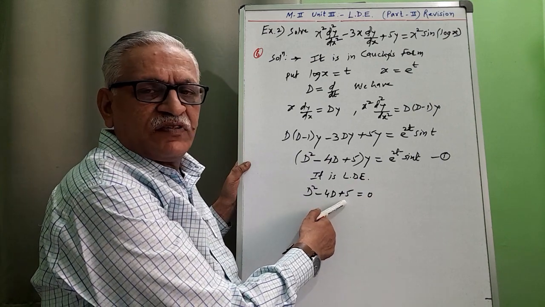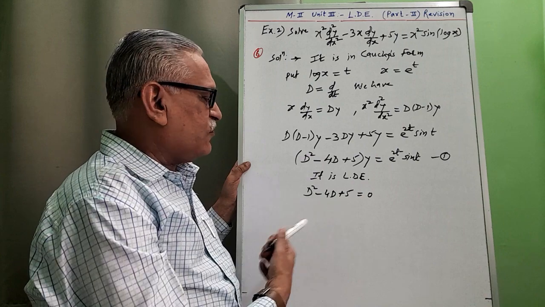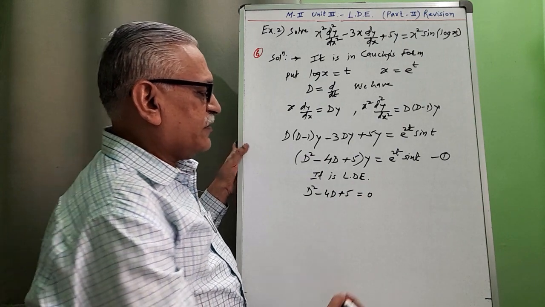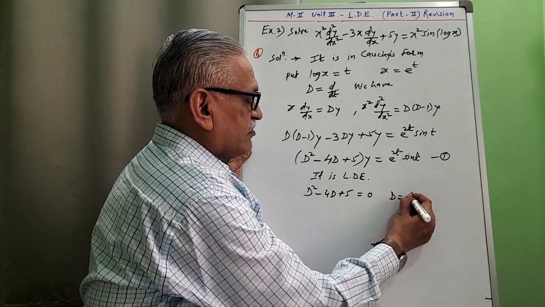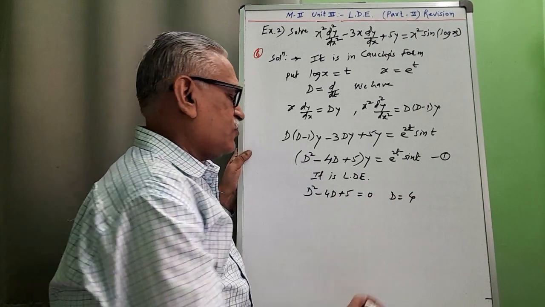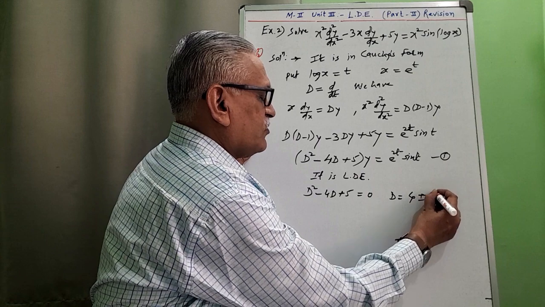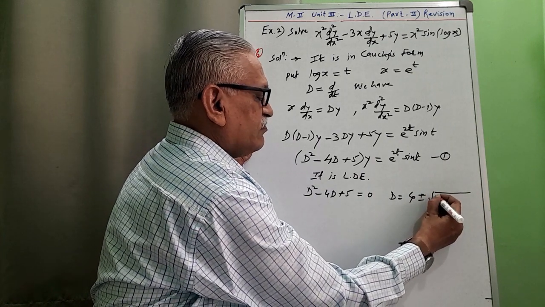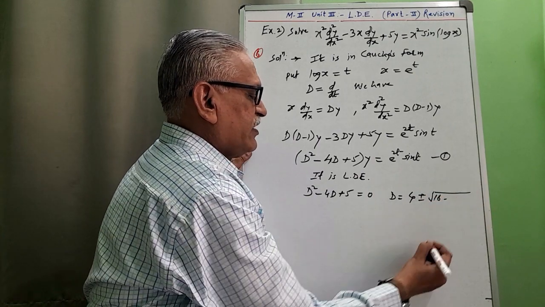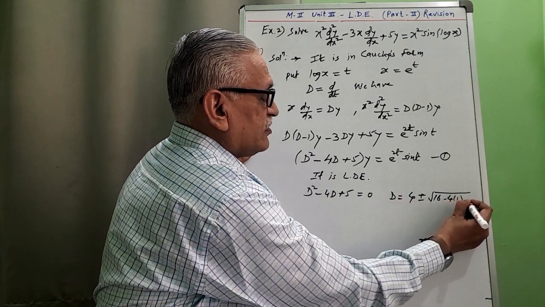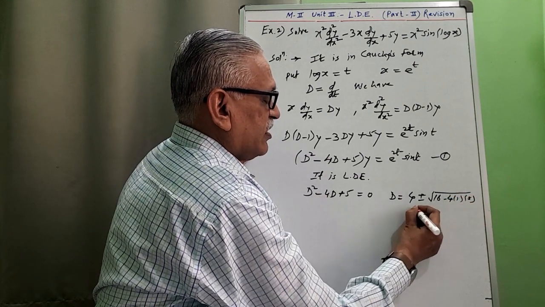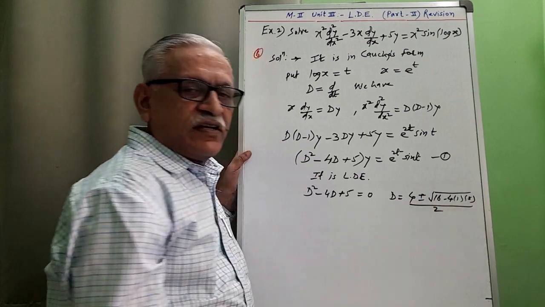Real factors are not possible, therefore we find the roots by formula. D is equal to minus b plus minus root of b square minus 4AC, b is minus 4, so b square is 16, minus 4 times AC, A is 1, C is 5, divided by 2A, A is 1.